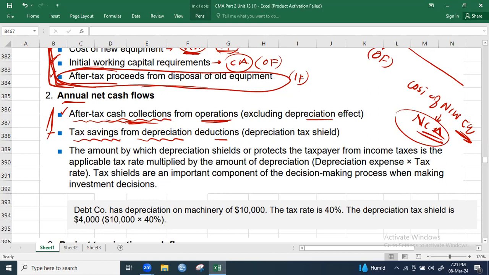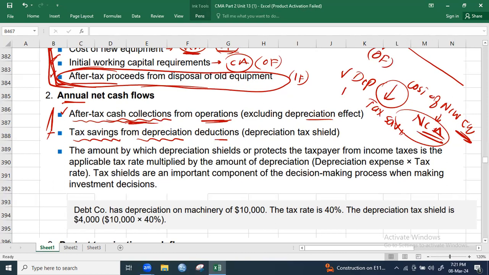And due to tax depreciation, obviously, you will get some tax saving. Why? Because if you write depreciation as an expense, it will reduce your taxable income, right? And if your taxable income is reduced, obviously you will get some saving on that, tax saving. So that is why it's called depreciation tax shield.